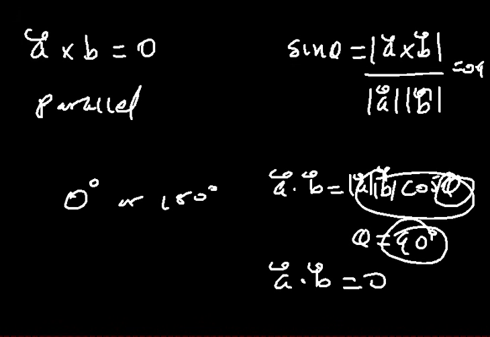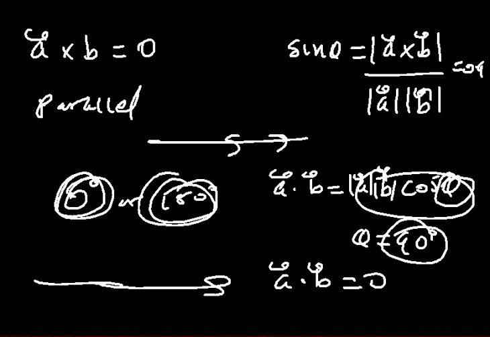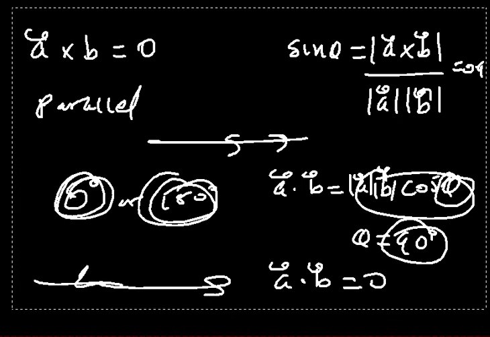Whenever the angle between the two vectors is 0 degrees or 180 degrees, the vectors are parallel. 0 degrees means the vectors are parallel in the same direction, while 180 degrees means the vectors are parallel in opposite directions. So that's how you start to understand the concept of vectors in a quick review.